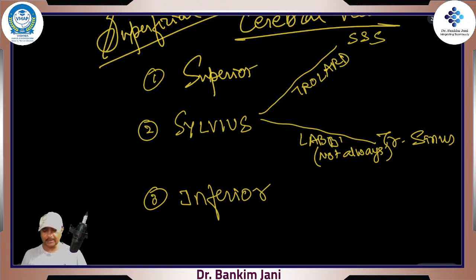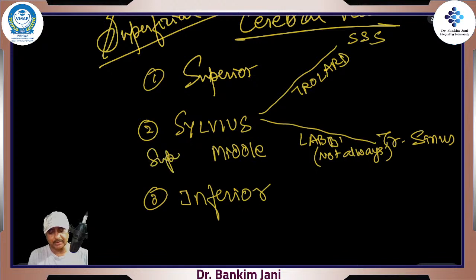Sometimes it is absent. So this sylvius is also superficial. This is superior, this is inferior, this is middle. So this is the superficial middle cerebral vein. All are cerebral veins, so that's why we have just written superior, middle, and inferior. So these were the superficial veins.